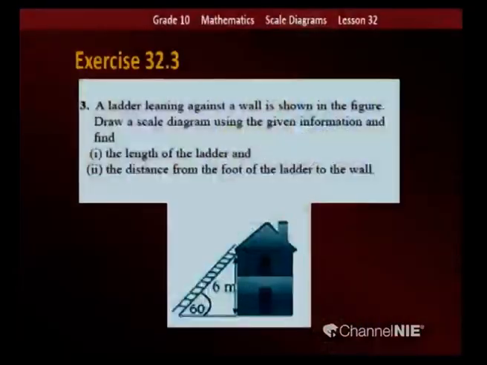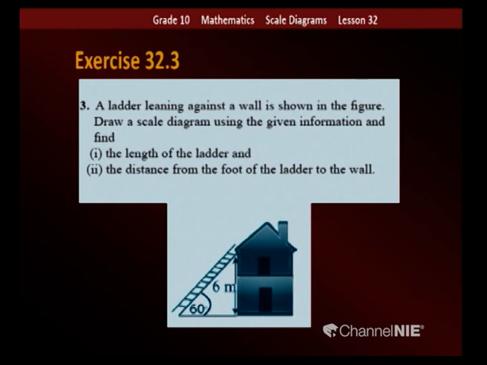Now see, in exercise 32.3, the third question, I have selected the third question. Shall we discuss this one? Okay. Shall we read? This is the third question in exercise 32.3.